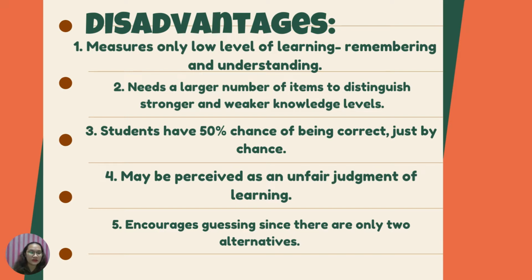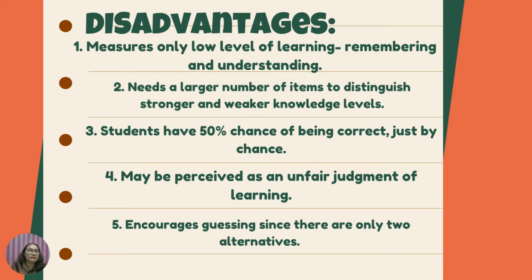Alright? And then number 3, students have 50% chance of being correct just by chance. So this is where guessing takes place. Because in a true or false type of test, the students can just guess what is the answer, since they have just 2 choices, true or false.